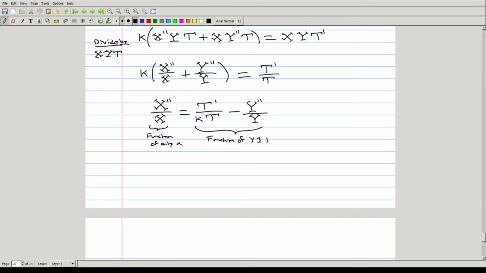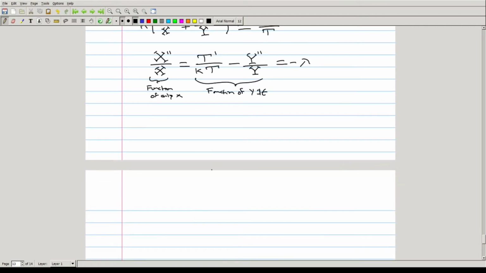For the same reason as before, we have to conclude that this is going to be equal to some constant negative lambda. Which gives you two separate equations that have to be satisfied. X prime prime over X is equal to negative lambda, and this function right here is equal to negative lambda.